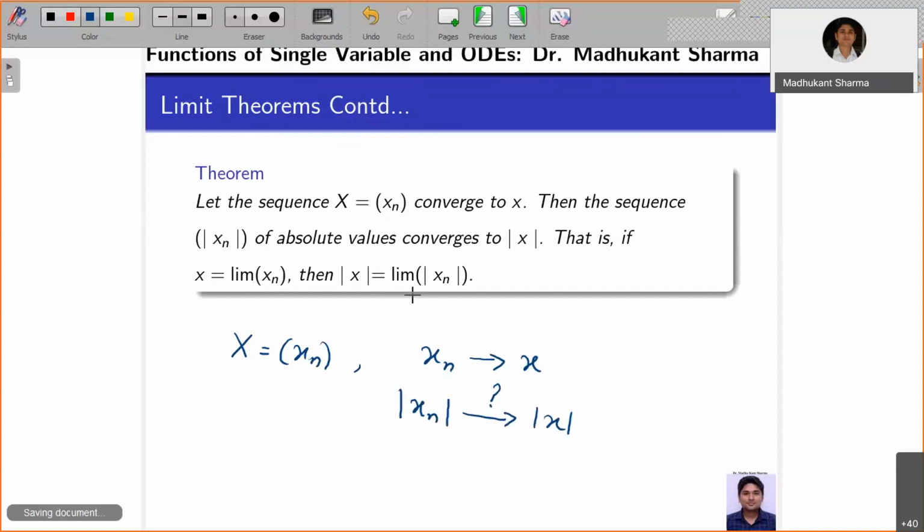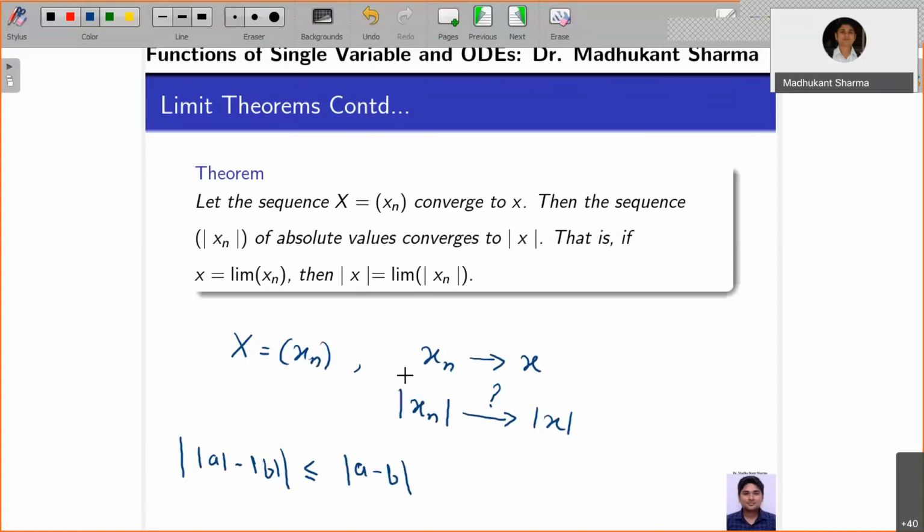This is going to use the fact that mod a minus mod b, the inequality, is less than or equal to mod a minus b. Once you are aware of this result, replace a by xn and b by x, and then use the same epsilon which works for xn to x.